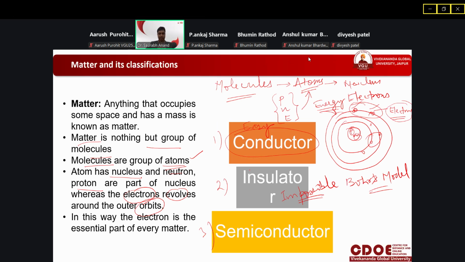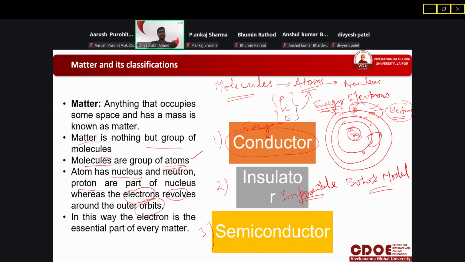And a semiconductor is that type of material which falls between conductor and insulator. That means the conduction is neither easy nor impossible. It means the conduction is possible, but not easy.